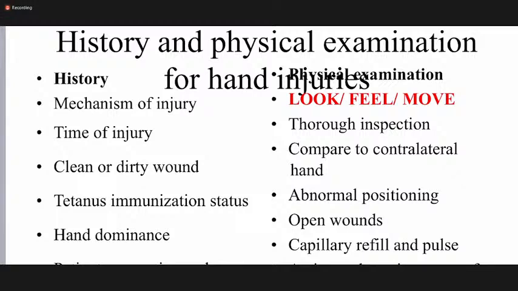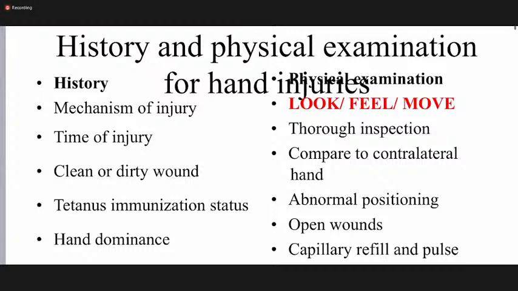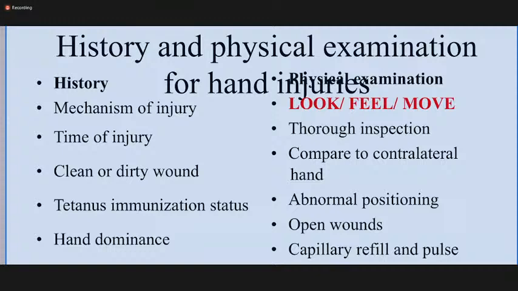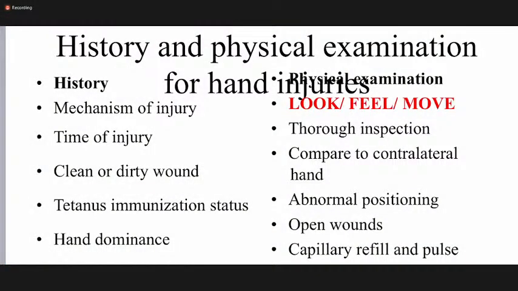History and physical examination is important, of course, for any injury. To make any diagnosis in medicine, you need to take a thorough history and physical examination. Then from there, you treat.